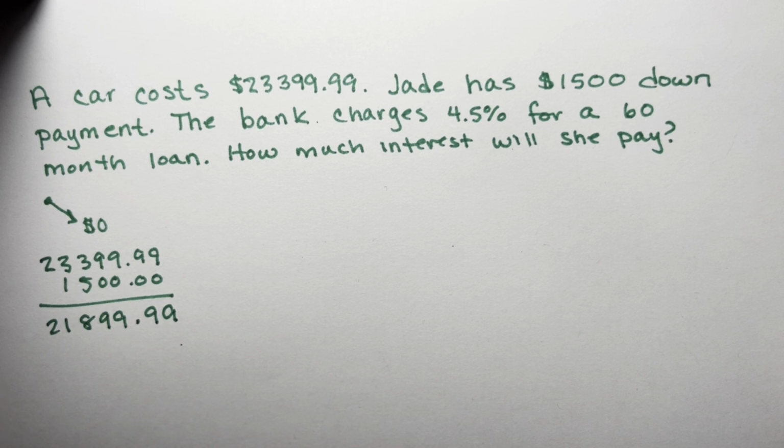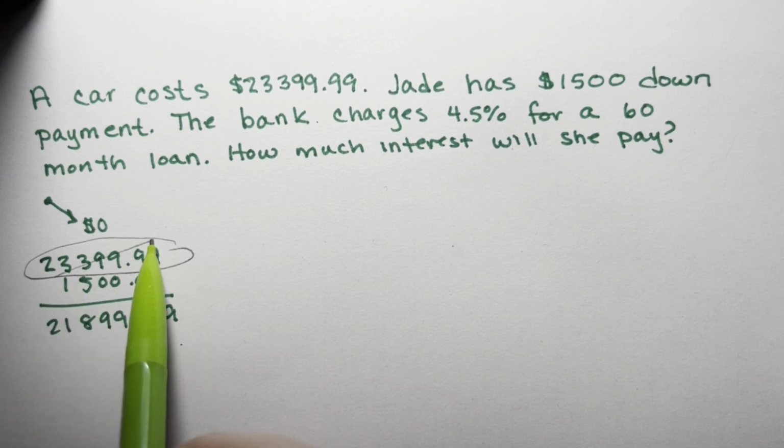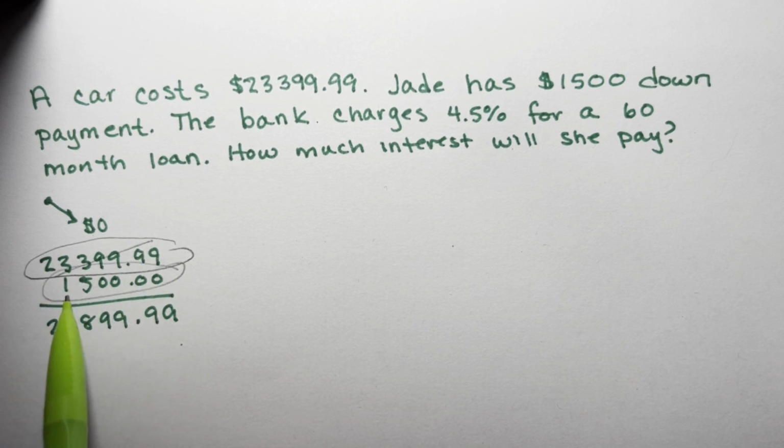At this point in the process, this number goes away. This number also goes away. You've used them. They're done. For the rest of the problem, we don't worry about that. This is the number we care about. From here on out, this is the number we're going to use.